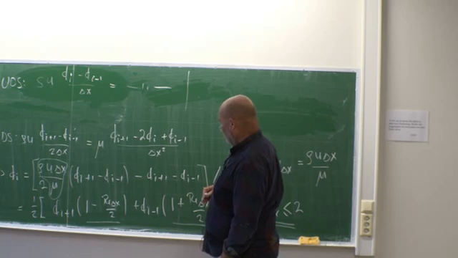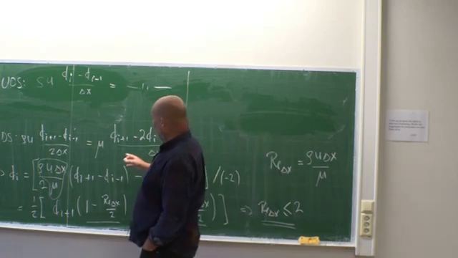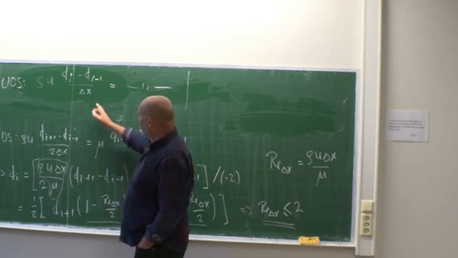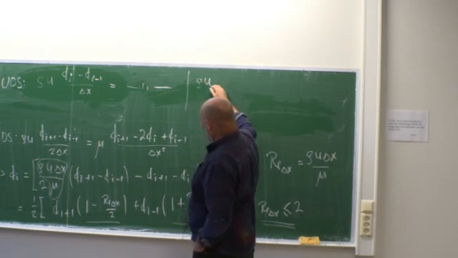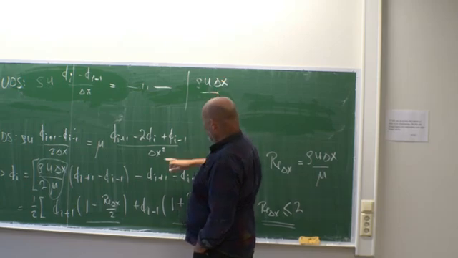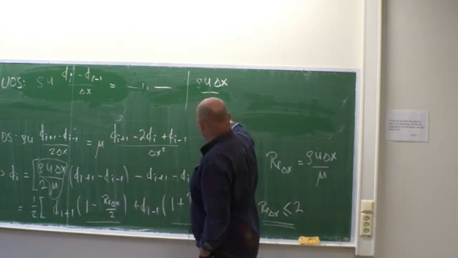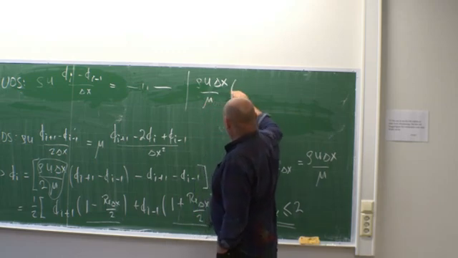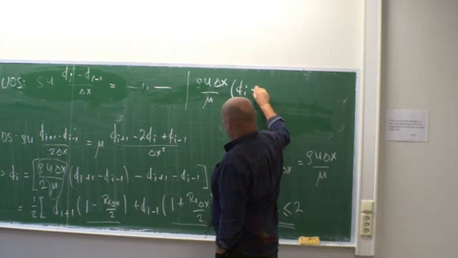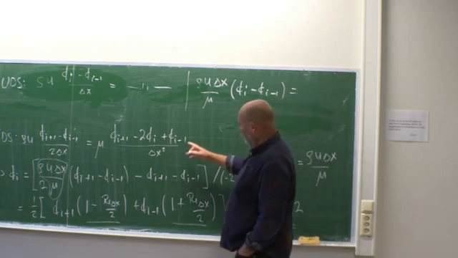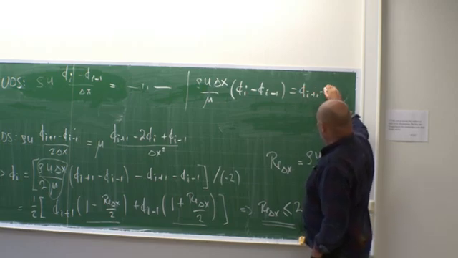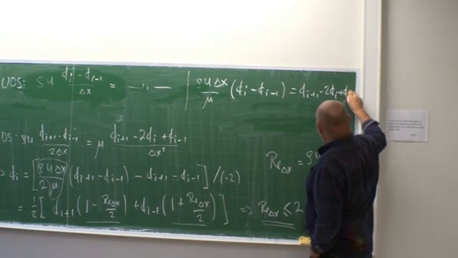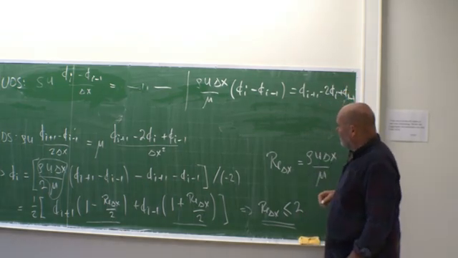If I multiply up again here, delta x square and mu on the other side, we should then have rho u delta x by viscosity multiplied with the difference phi i minus phi i minus 1, and then on the other side we only have these three, phi i plus 1 minus 2 phi i plus phi i minus 1.